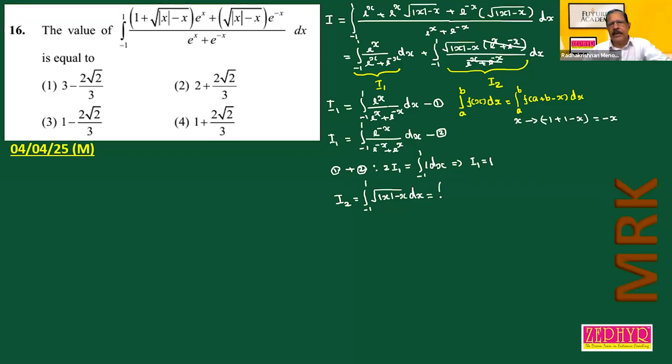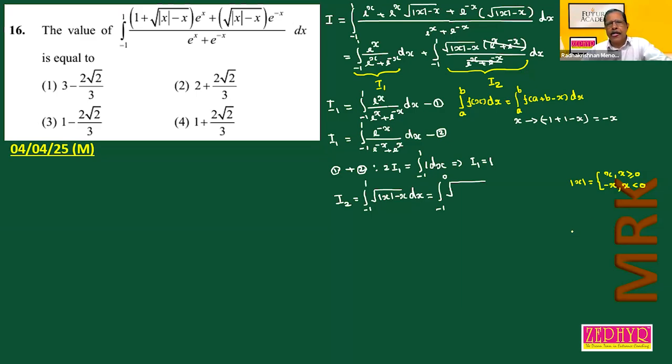Is equal to integral minus 1 to 0 root of... Which property we are using? Mod x is equal to x when x is greater than or equal to 0, and minus x when x is less than 0.